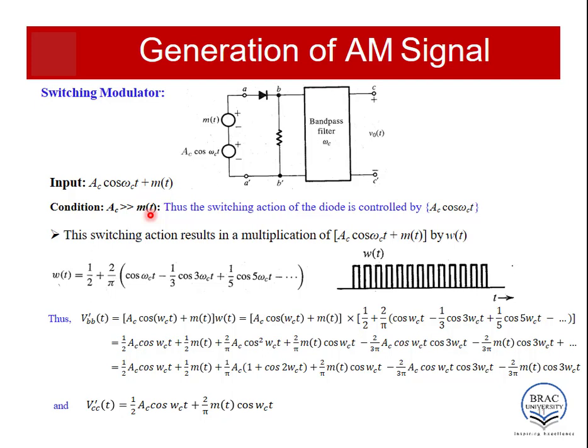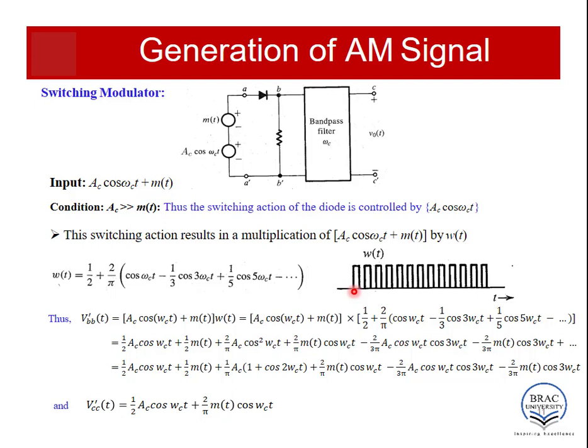When the input is passed through the diode, a multiplication operation takes place. The input signal is multiplied by w(t). w(t) has a shape like this. It is a square wave with only two values, 0 and 1. 1 when the diode is on and letting the input pass, and 0 when the diode is off and the signal is not passing through the diode.